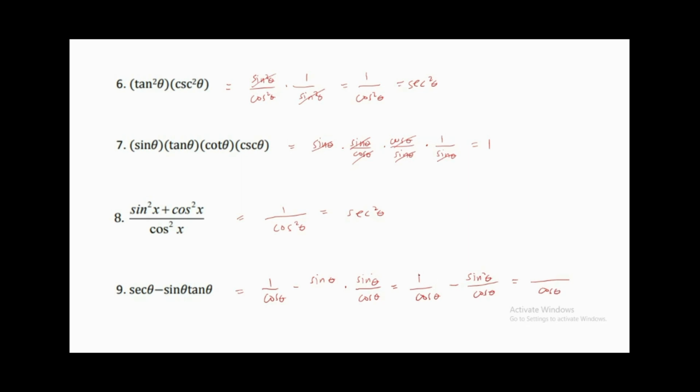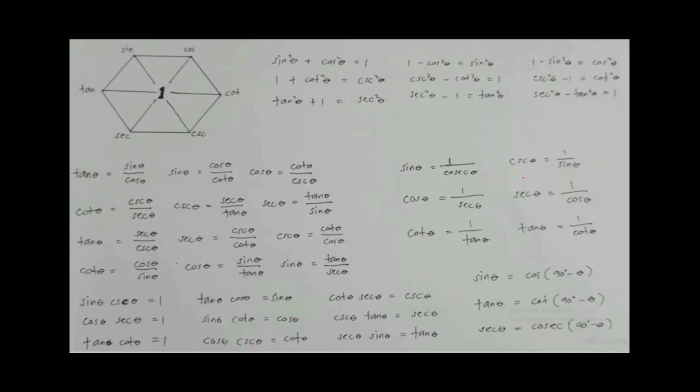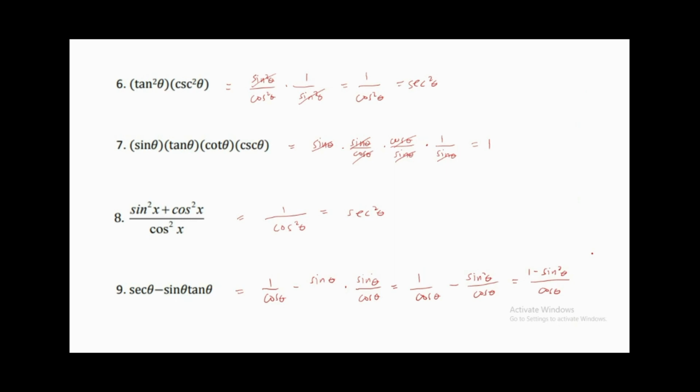Then you are going to add or subtract the numerator. So 1 minus sine squared theta. Remember that 1 minus sine squared theta here is equivalent to cosine squared theta. So that will be cosine squared theta over cos theta. So cancel the 1 cosine.